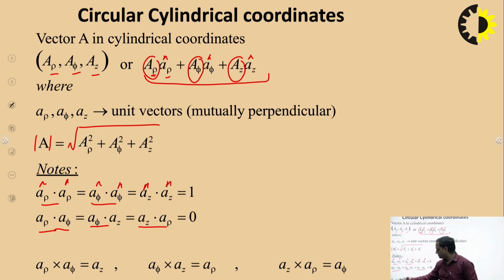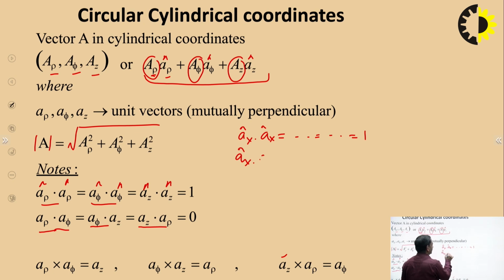The cross product: a rho cross a phi is equal to a z, a phi cross a z is equal to a rho, and a z cross a rho is equal to a phi. We can understand this just like in the previous case. If we talk about the Cartesian coordinate system, ax dot ax, similarly ay dot ay and az dot az will be equal to 1.